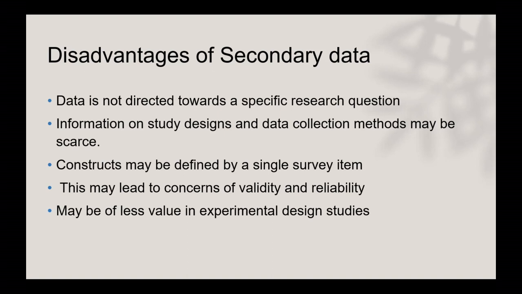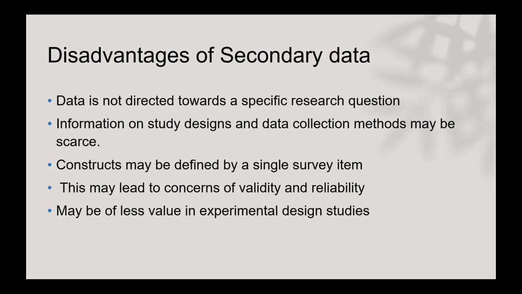So any construct may be defined by a single survey item, because you're just asking them one single question, such as, how many trips did you take in the last 1 year? Here you are trying to gauge the international exposure of that particular participant, and you want to study their environmental exposure related to their lifestyle or health outcomes, let's say.